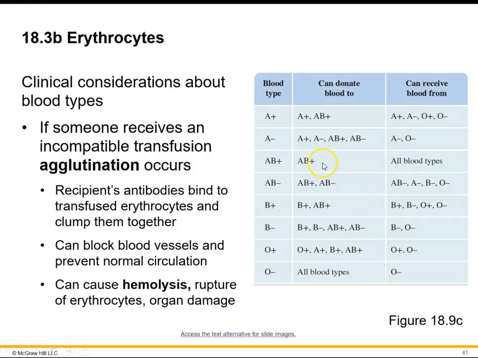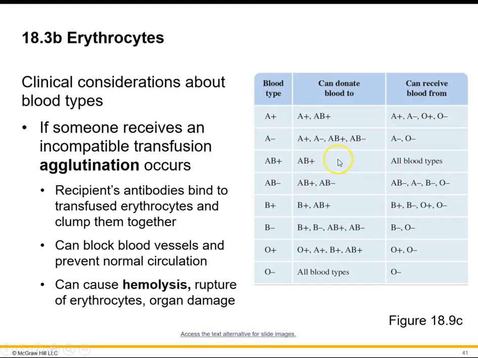Okay, why is AB positive the universal recipient? Well, remember, AB positive is going to have all of those surface antigens: surface antigen A, surface antigen B, and the Rh factor. So it should make sense that they are not going to produce antibodies against their own cells, their own antigens.